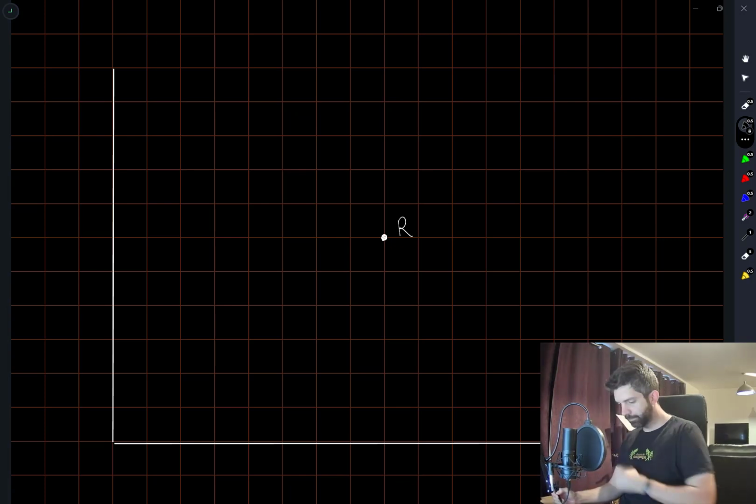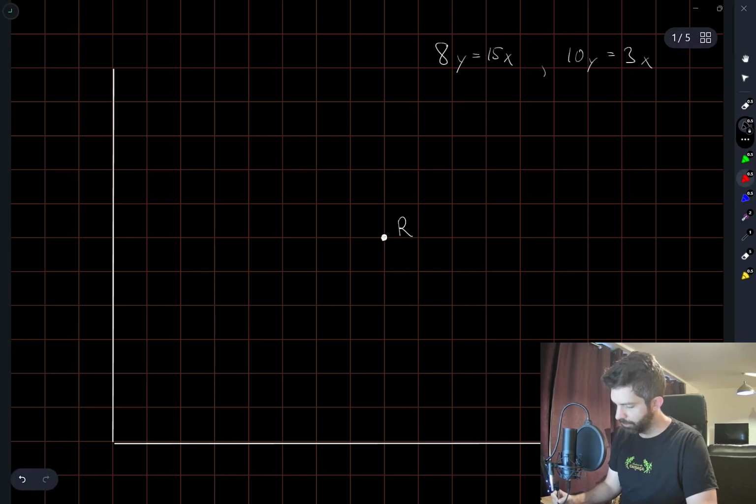Let's first plot the point (8, 6). So that's R. Let me write down the equations of the two lines. One line goes through the point (8, 15). This is not to scale, so I'm going to call it (8, 15), even though things are not to scale.